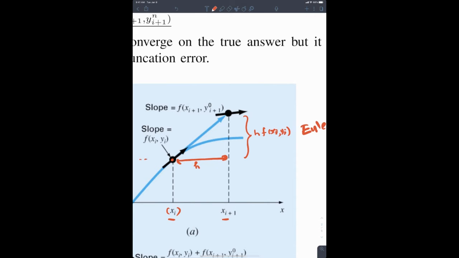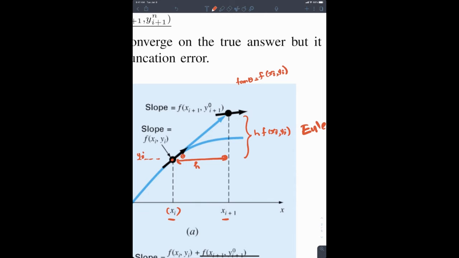So this is y i. So f(x i, y i) is that function, whatever that function may be. And the f(x i, y i) is the gradient there. So if that is theta, tan theta is f(x i, y i).